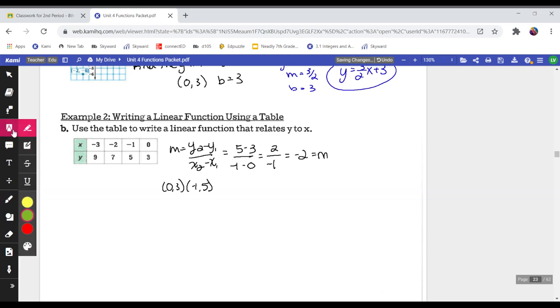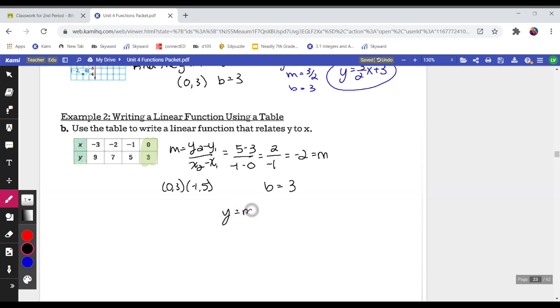My y-intercept is where my x is 0. So this means that my b value is 3. So when I have y equals mx plus b, and I know that my slope is negative 2, and my y-intercept b is 3, that becomes y equals negative 2x plus 3.